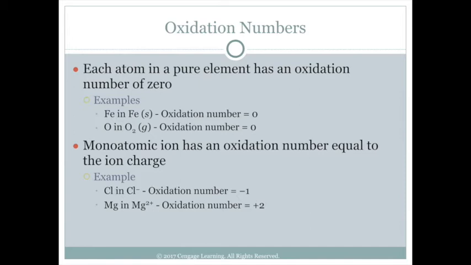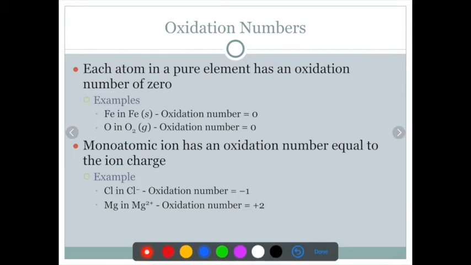I'm going to have to break that up into sulfur and oxygen. But if I have something like calcium chloride, well, calcium's charge is a +2. Chlorine's charge is a -1, but I have 2 of them, so I do -1 times 2. So it'd be an overall -2 charge.